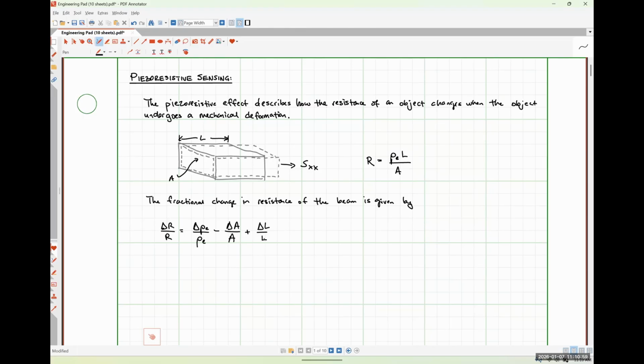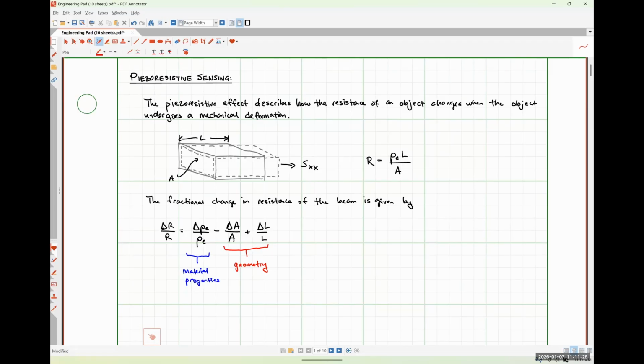The first term is due to material properties, and the second two terms are due to the geometry of the system.